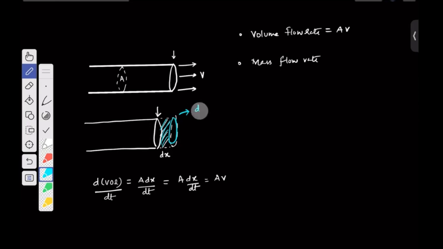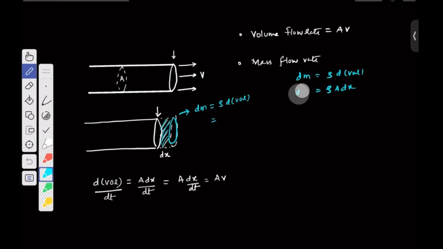So the mass dm is going to be the density into the small volume that has passed through it, that is, I am writing it as d volume. So dm is going to be rho into d volume, and that small volume is A into dx.